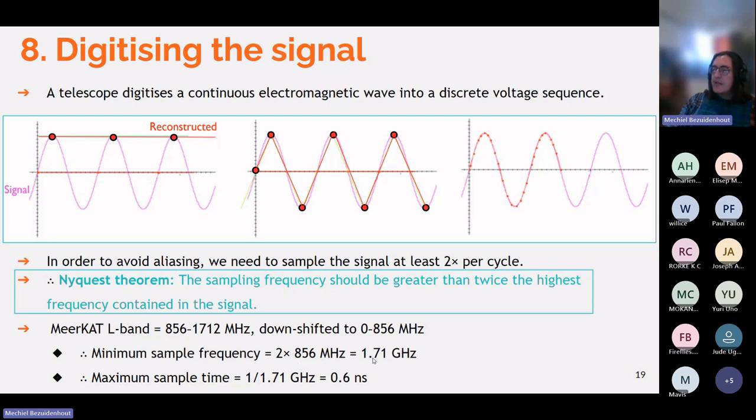So that's 1.71 gigahertz. And if we invert that, the maximum distance between our samples is going to be about 0.6 nanoseconds. So we have to read the voltage at least once every 0.6 nanoseconds, which is extremely rapid, right?